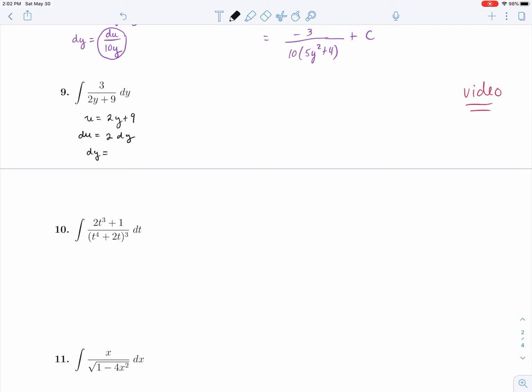So dy is du over 2. So we're going to have to multiply by 1/2 to compensate for du. And then we have the integral of 1 over u du. Then this is 3/2 natural log of the absolute value of u, which is 2y plus 9, plus c.